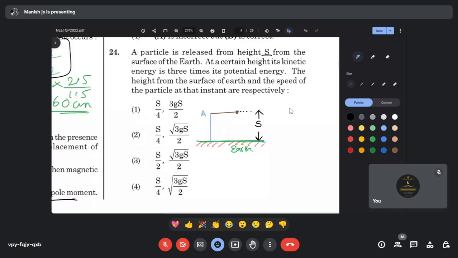So when you release this particle, obviously the particle is going to fall down, right? When you drop a particle from a height, will you consider it as an object in free fall? Yes, sir. Correct. So it is an object in free fall.